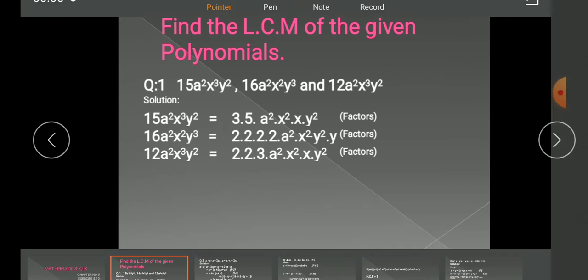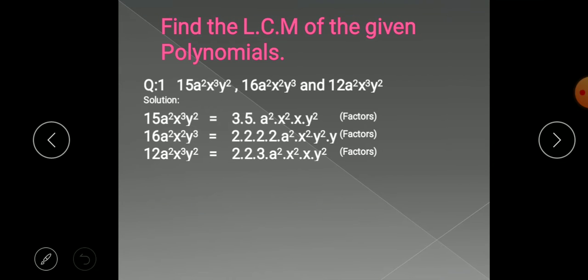HCF is highest common factor. For finding it, we have to check the terms which are common factors. First, a square is common, so I have written a square in the HCF.